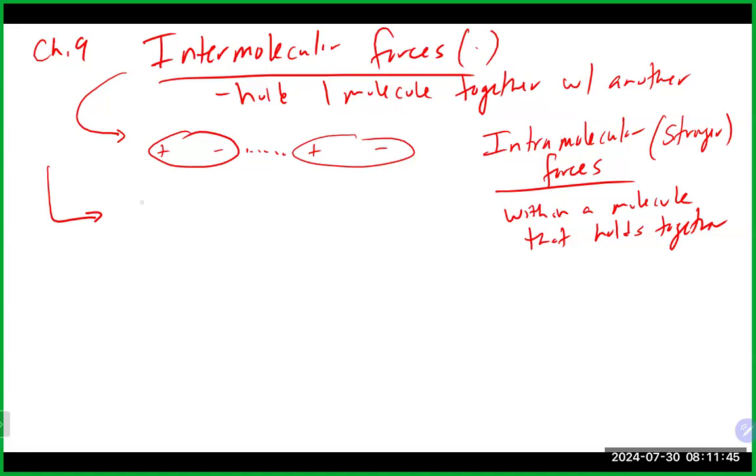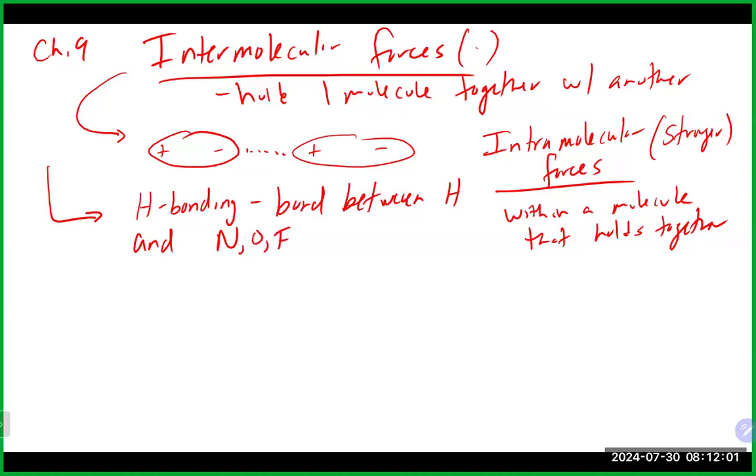There is hydrogen bonding, which is a very strong intermolecular force. And that is a bond between hydrogen and an electronegative element like nitrogen, oxygen, or fluorine. So again, in order to have the ability to do hydrogen bonding, that hydrogen does need to be directly attached to a nitrogen, oxygen, or fluorine.